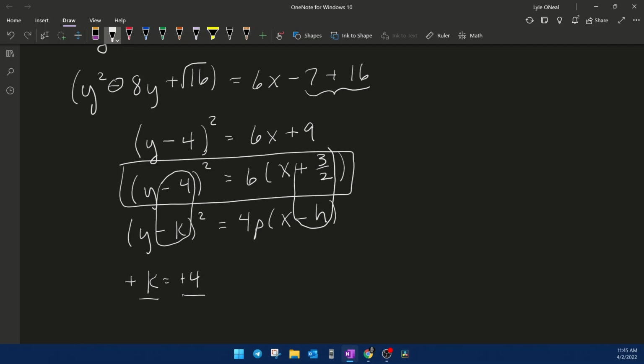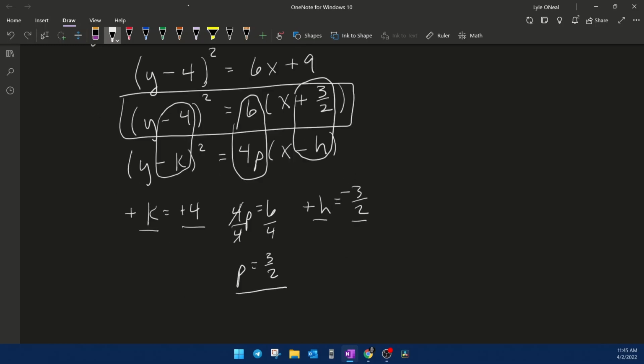Again, if I circle up and down here, that's going to say that negative h is 3 halves. Changing the signs on both sides gives me h is negative 3 halves. And again, circling up and down here says that 4p has to be 6. Dividing both sides by 4 gives me that p is 3 halves. And so these values need to be reduced to lowest terms.